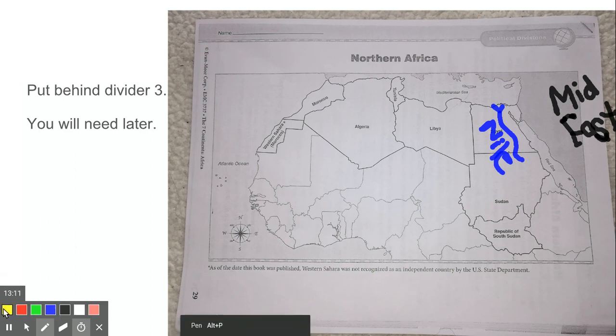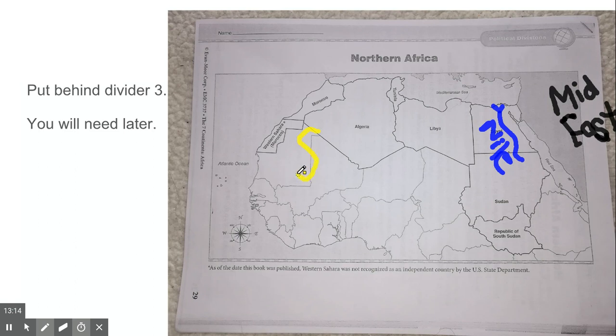And I'm going to go to yellow because remember, all of this area through here is that Sahara Desert. And you don't have to write these in color. You're just writing with your pencil. There we go. And the Sahara goes a little bit further, but now I'm nervous about messing up.